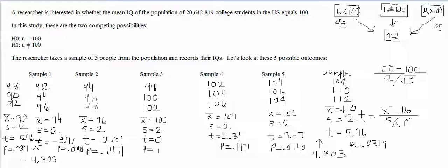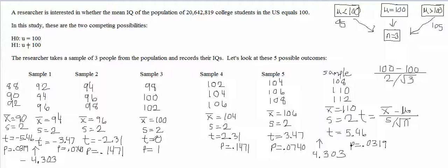But what if the null is true and the population mean really is 100? What if it really does equal what we're testing? Well, then the sample mean should be somewhere near 100. So if the null is true, you expect a sample mean somewhere around 100, which is somewhere in the center area.